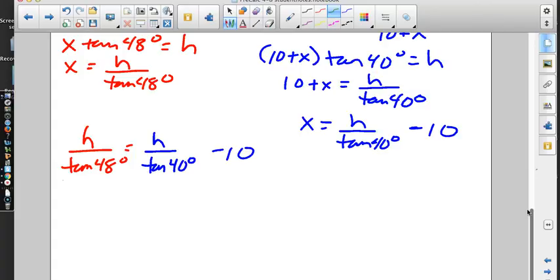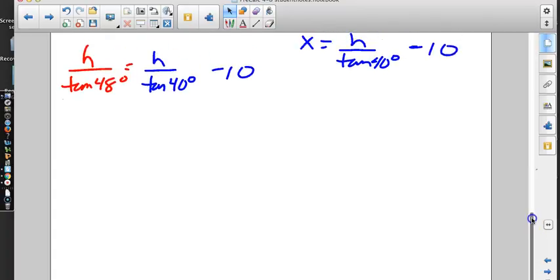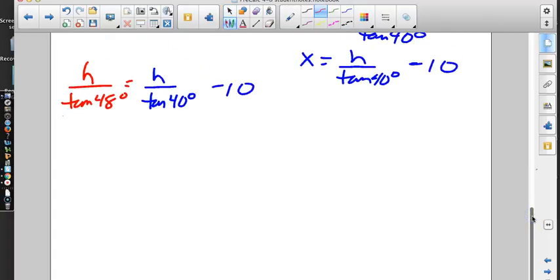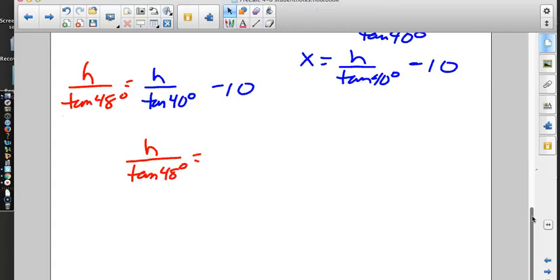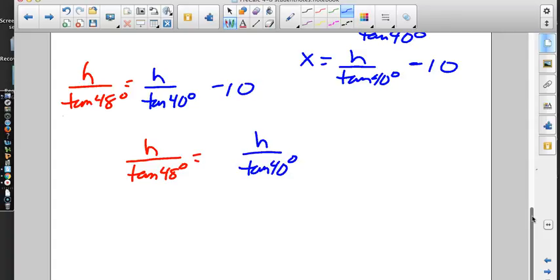So what we're going to do, and I'm going to spread this out a little bit so we can see it, is we're going to have to multiply by both of those tangents, because that's our LCD.